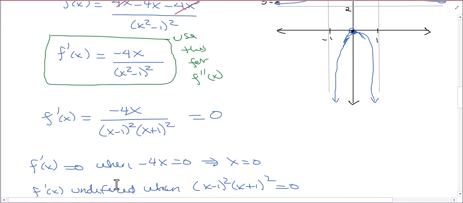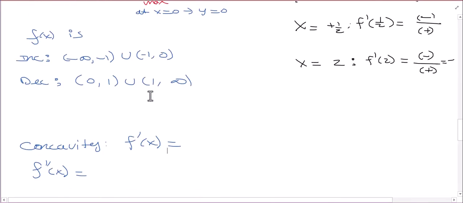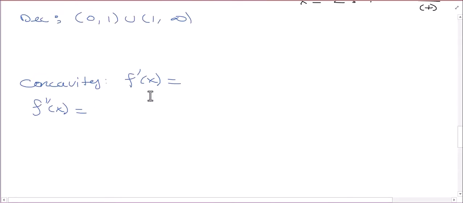So sometimes you have to simplify the function further to give you critical numbers better, but you may have to go 1 or 2 steps before simplifying for the second derivative. So negative 4x over x squared minus 1 squared. So that's our first derivative.